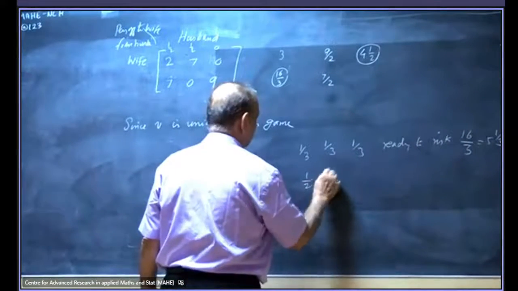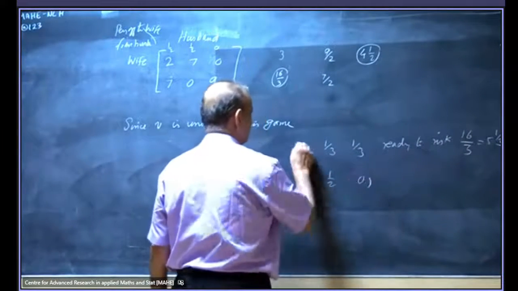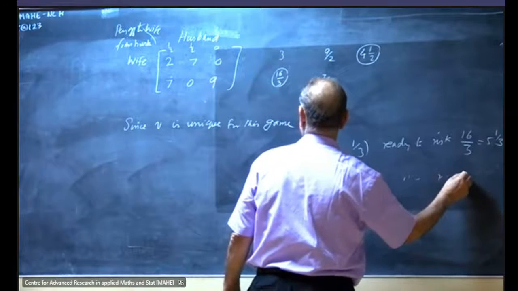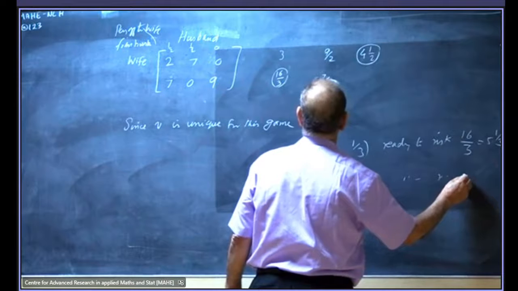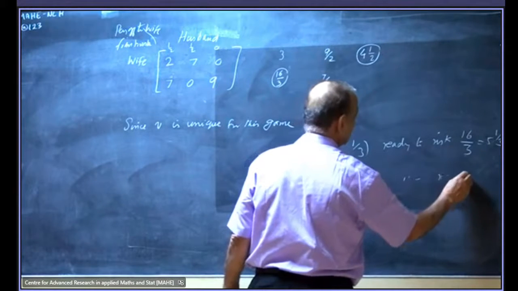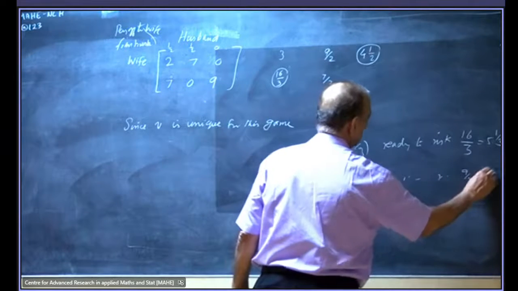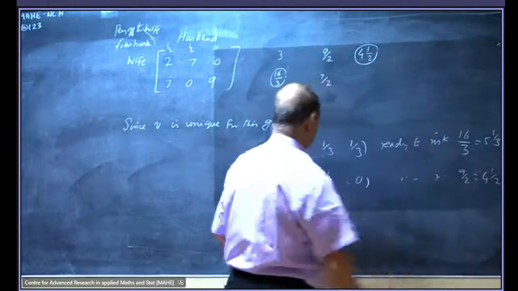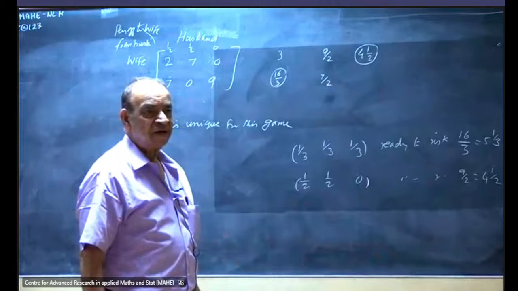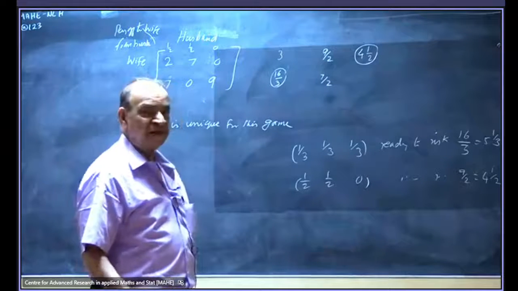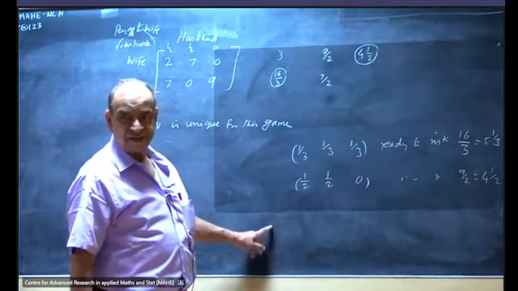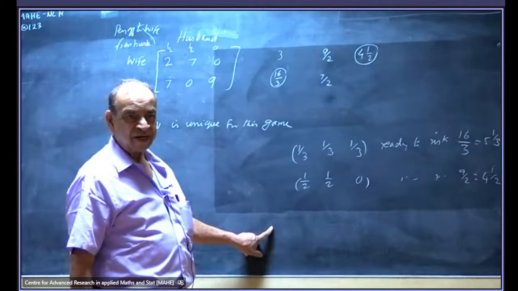If it is half and half on the first two, he is ready to risk 9 over 2. Of the two, which is better for the husband? Yes? The second one. Okay.